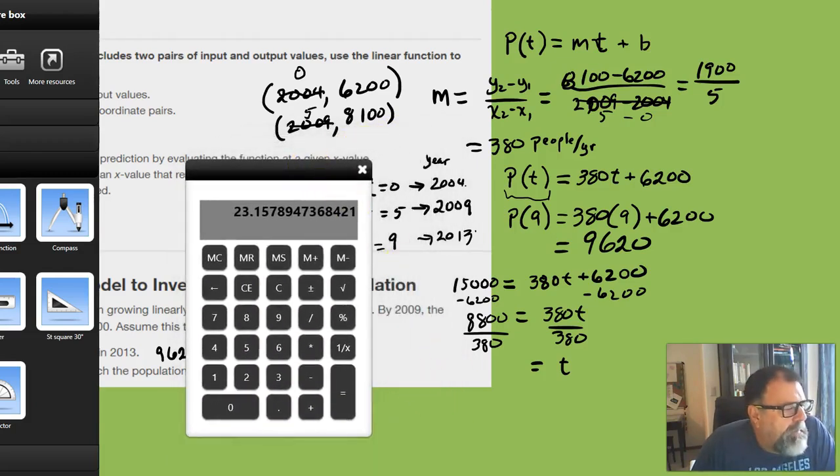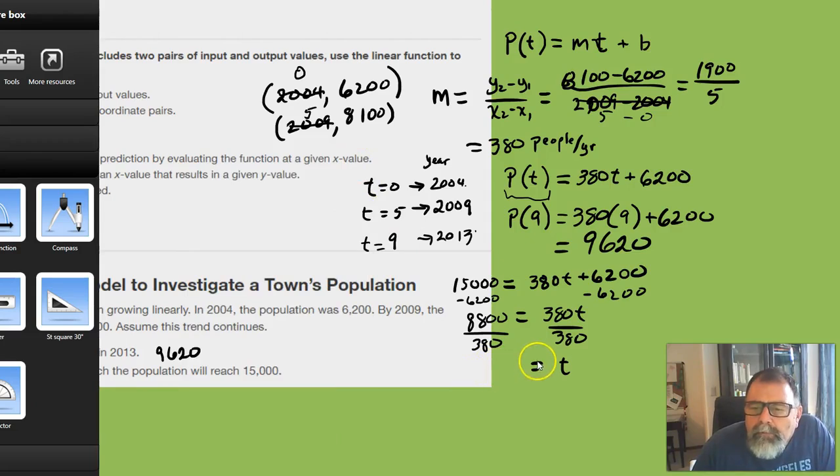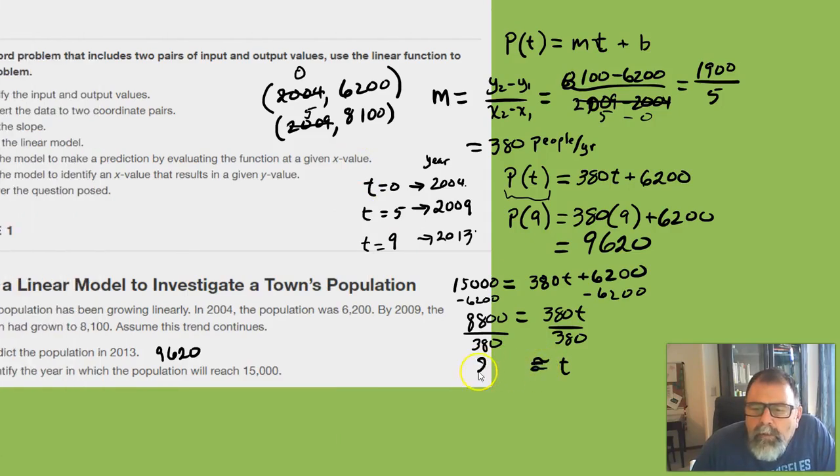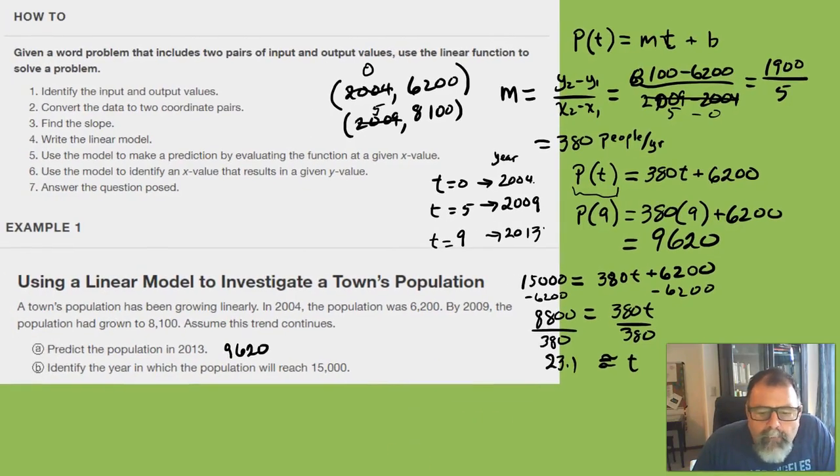Do we want to round it to the nearest year? Okay, it's a little more than 23 years, 23.1, whatever it was. Okay, so identify the year in which the population will reach 15,000.